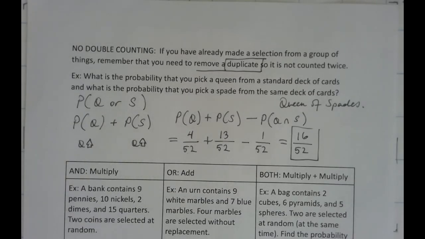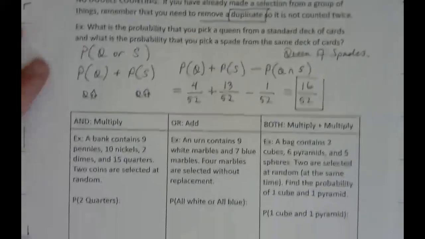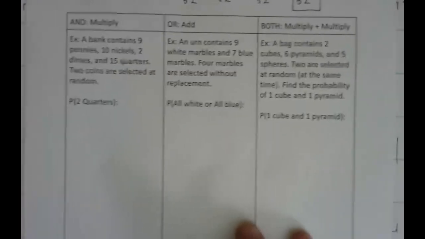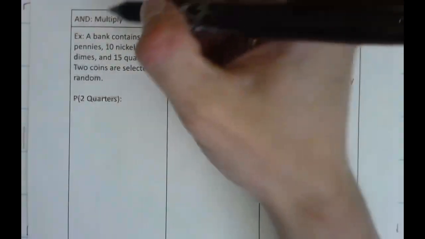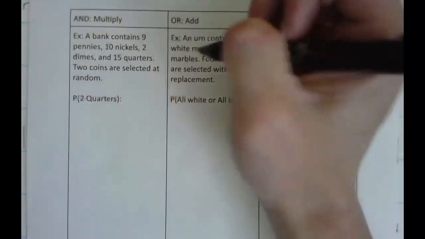Alright. So, for the next one, let's try this. So if a bank contains 19 pennies, 10 nickels, 2 dimes, and 15 quarters.